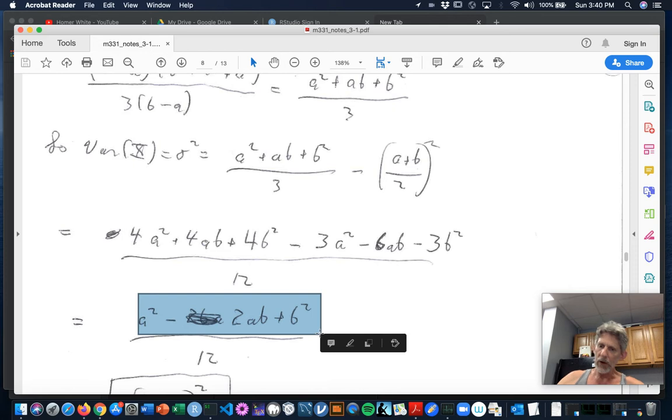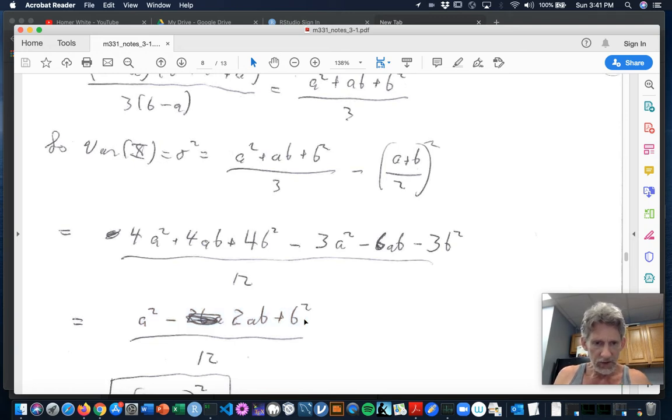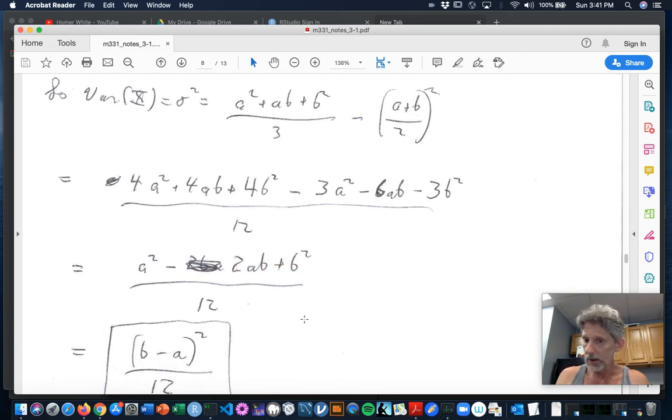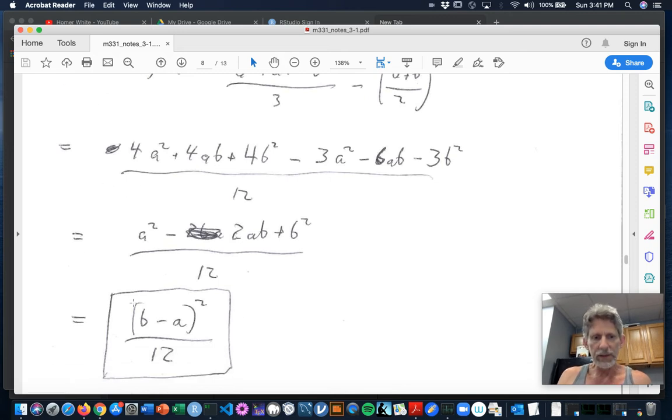And in the miraculous way that things happen in theoretical math situations, that turns out to be pretty simple. In fact, it's just the square of a minus b, isn't it? Which I will write as b minus a squared, upper endpoint minus lower endpoint squared. So the variance of a uniform random variable is the square of the width of the interval it's based on, over 12.